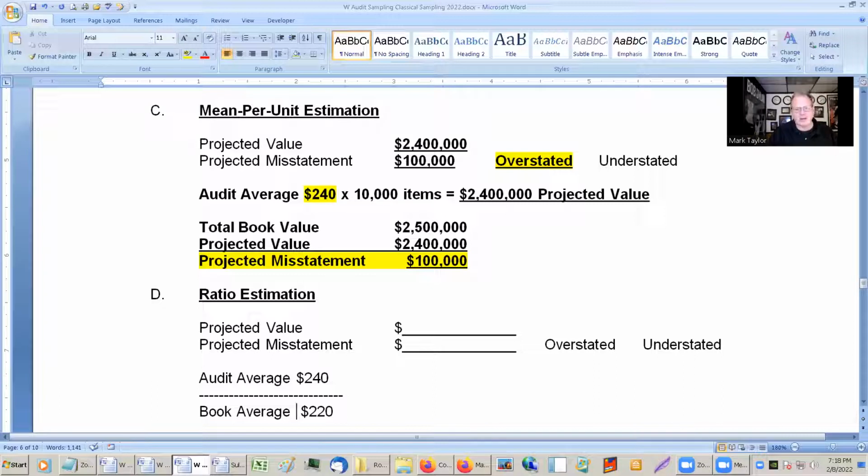In other words, put it another way, big items will have big errors, little items have little errors. The size of the item matters. A $50 item is going to have smaller errors than say a $50,000 item. And we times this times the total book value.